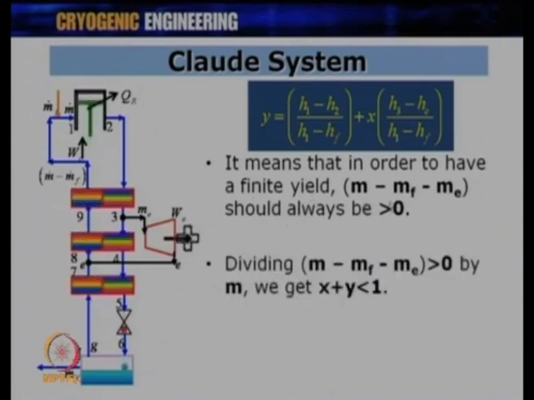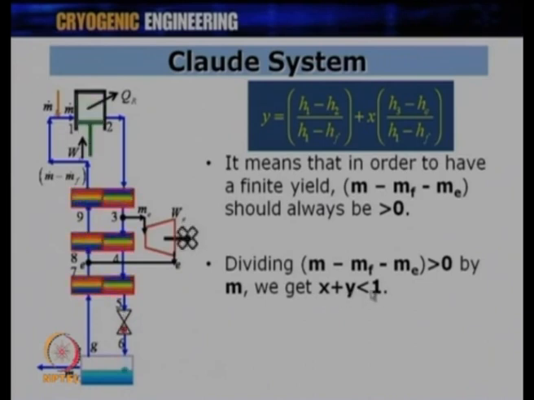So, if we divide the whole thing by m, what we get is 1 minus y minus x, which is more than 0, and if I rearrange that, what I should get is x plus y should always be less than 1. It means that in order that heat exchangers function, in order that I should get some finite return stream, I should see to it that x plus y is always less than 1.